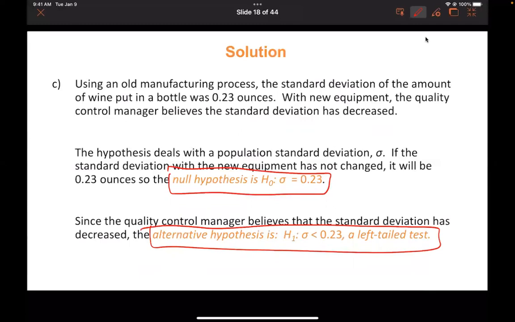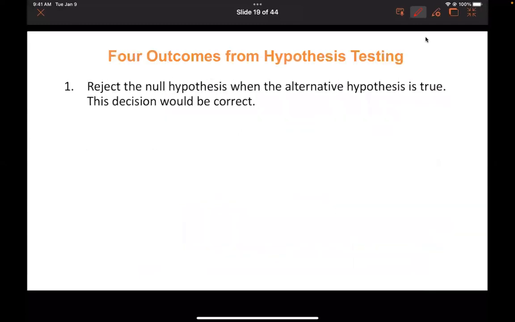So here are the different outcomes of the hypothesis testing. And I had kind of a revelation about this talking with another stats teacher. So we can reject the null hypothesis if we have evidence that the alternative hypothesis is true. So if we have evidence that the null hypothesis probably isn't true, we reject it.